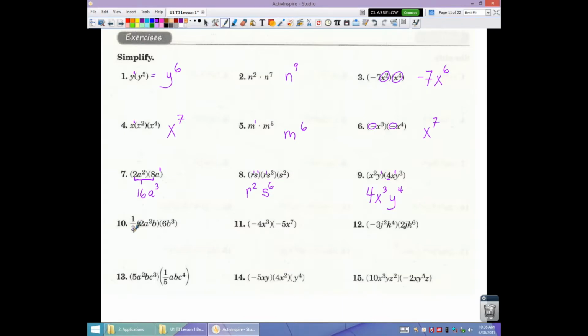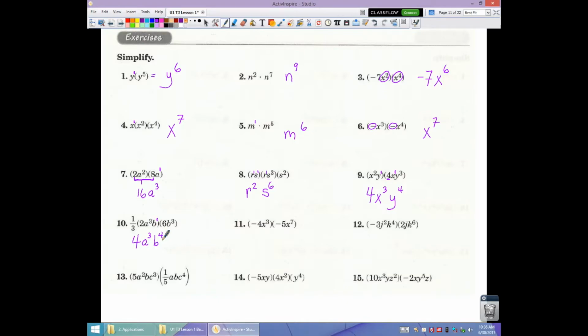So 1/3 times 2 times 6. Well, 2 times 6 is 12. A third of that is 4. A to the 3rd, I don't have any other powers with an a as the base, so I have to keep that a to the 3rd. But then I have b to the first times b to the third, which is b to the fourth.